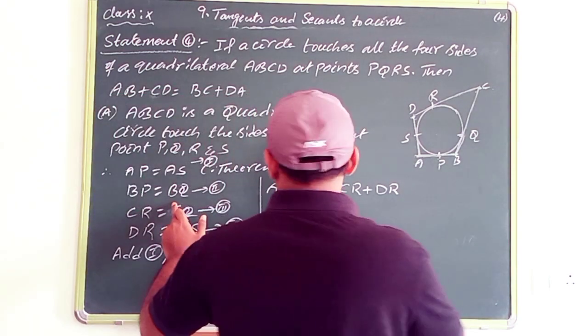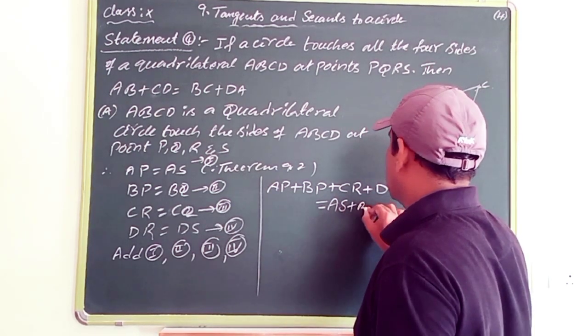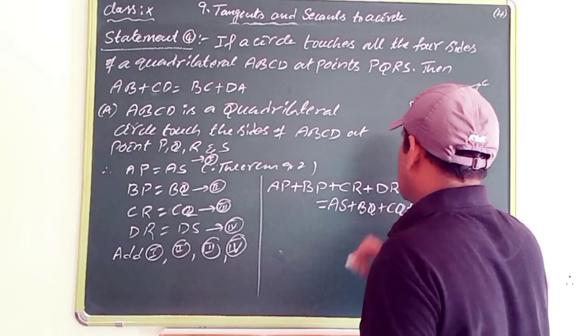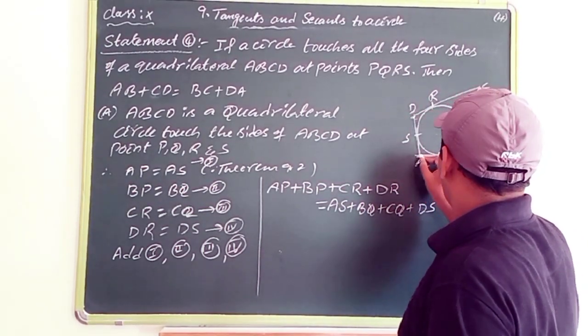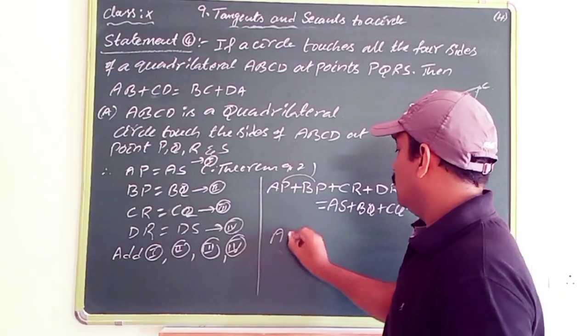AS plus BQ plus CQ plus DS. Okay, so observe here. AP plus BP is equal to AB.